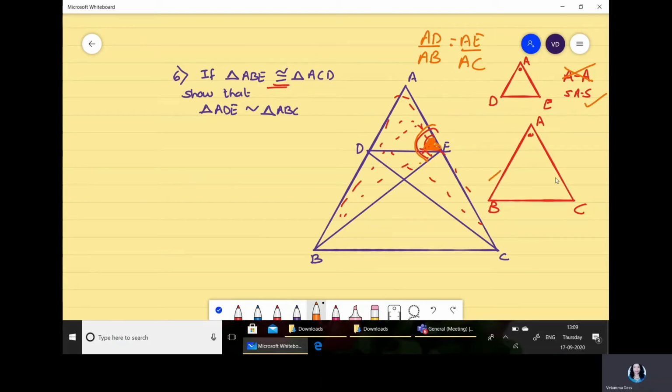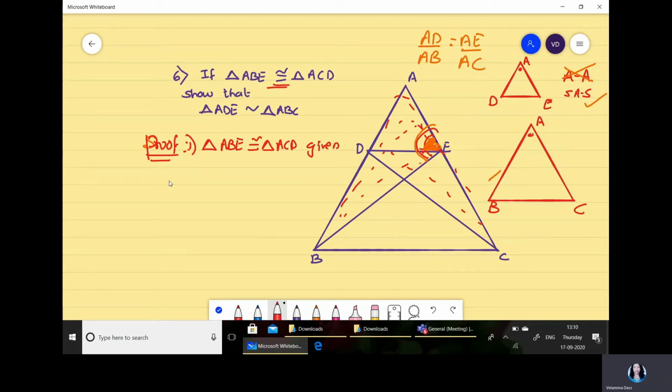So I have to prove AD upon AB equals AE upon AC. When two triangles are congruent, the corresponding sides are equal, so I'll write the proof. Triangle ABE is congruent to triangle ACD. This fact is given.